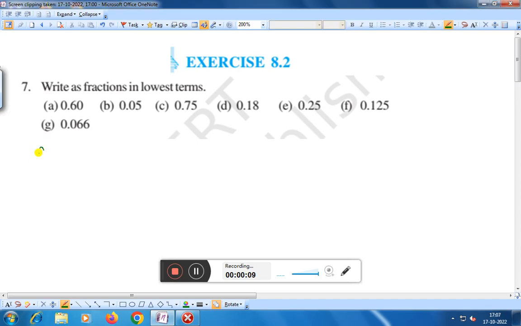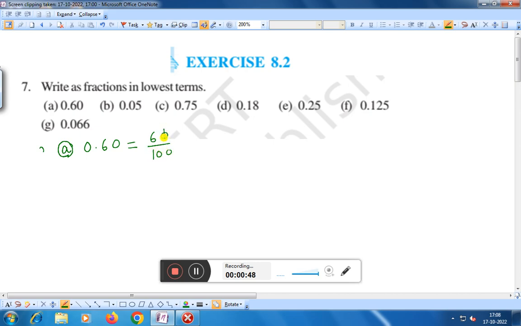The question is 0.60. It can be written as 60 by 100.